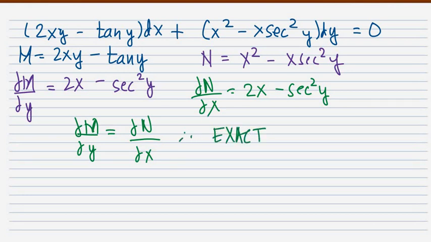Okay, so we will now proceed. Let's say I chose n, because in the previous example I chose m. So n is equal to the partial derivative of f with respect to y, the solution. So that is equal to n, and n is equal to x squared minus x secant squared y.